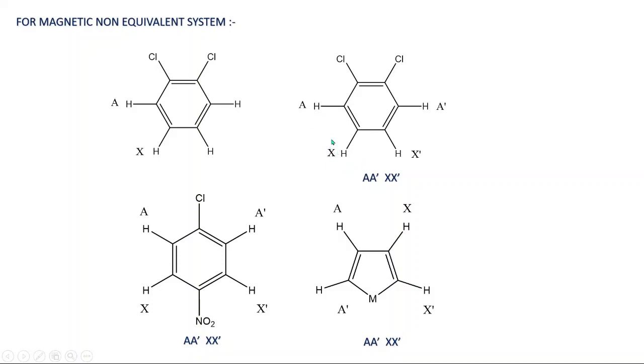So for ortho coupling we will get 8 Hz and for meta coupling somewhere around 2 to 3 Hz. For this molecule also, these 2 protons are magnetically non-equivalent due to meta coupling. So the Pople notation will be AA'XX', and similarly for this molecule.